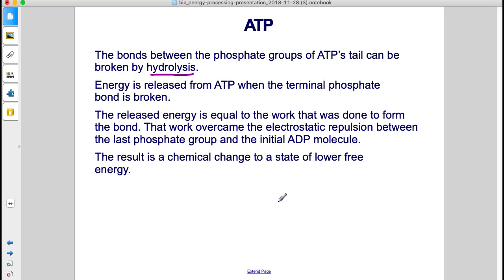Remember, that's a reaction with water. Energy is released from ATP when the terminal phosphate bond is broken. The released energy is equal to the work that was done to form the bond. That work overcame the electrostatic repulsion between the last phosphate group and the initial ADP molecule. The result is a chemical change to a state of lower free energy.